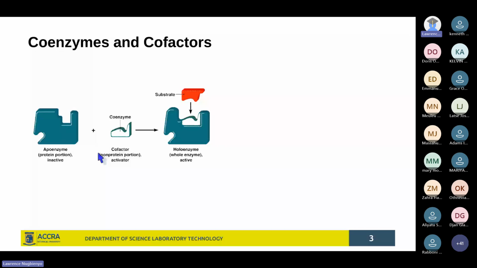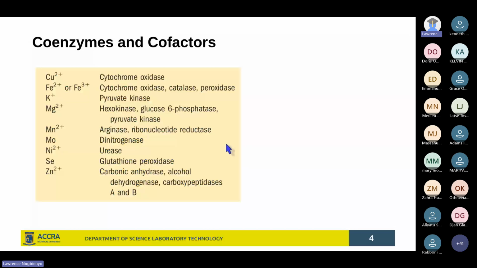So we continue to look at some examples of cofactors. These are specifically some metal ions, say some copper ions. We see ferrous ion, Fe2+, and ferric ion, Fe3+.